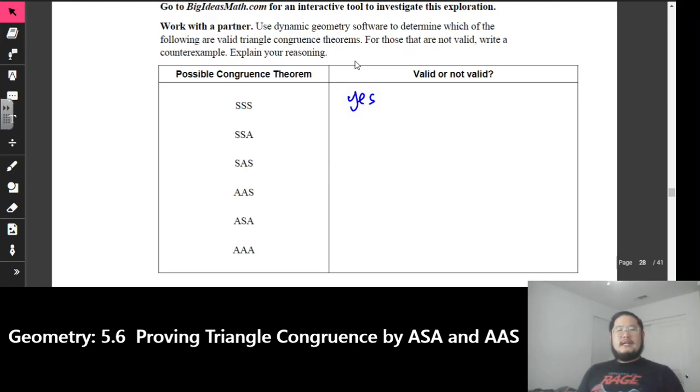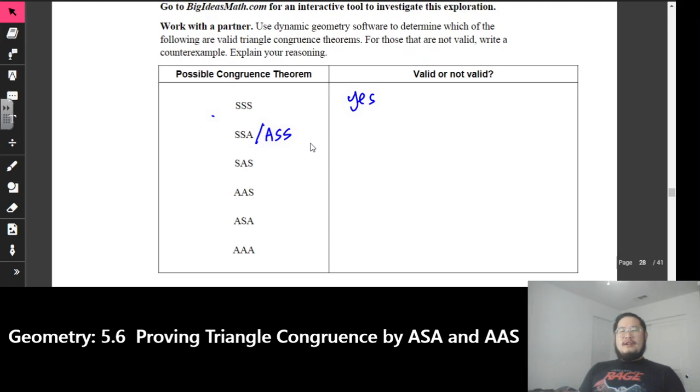Next up, we have SSA, which is side, side, angle. Now, we haven't learned anything about SSA. Or if we turn these letters around, it's also right here, angle, side, side. And so here's what I want you to remember.